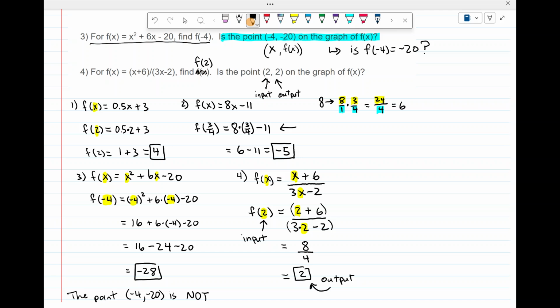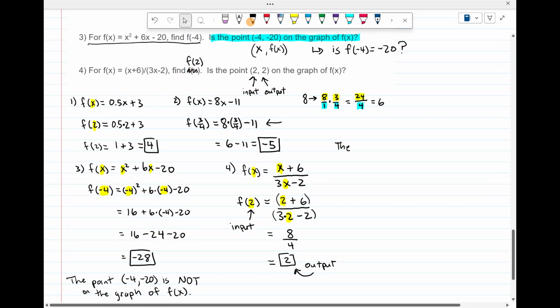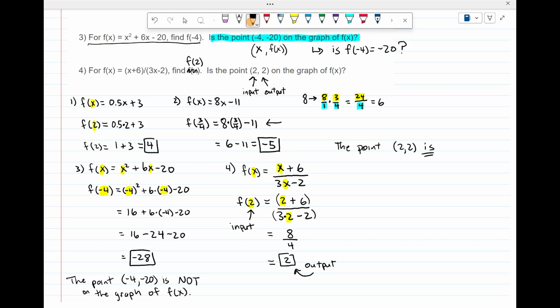The graph of f of x is all the points where the input is the x value and the output is the y value. All right, so we can say the point 2, 2 is on the graph of f of x.